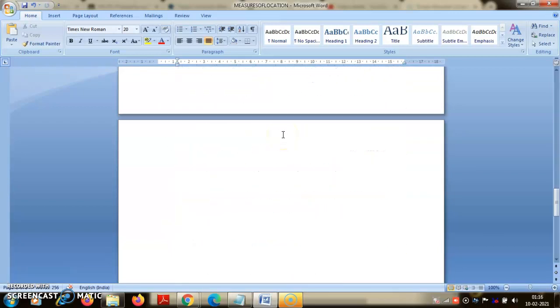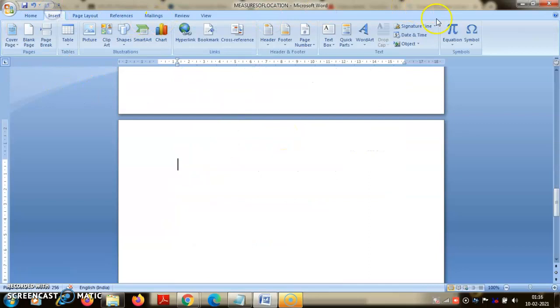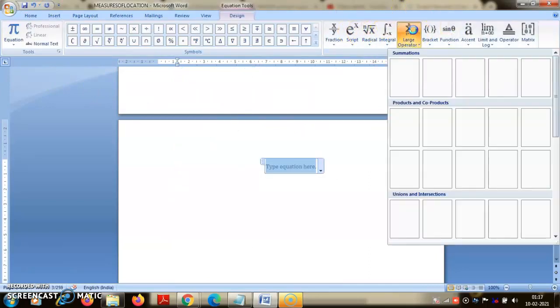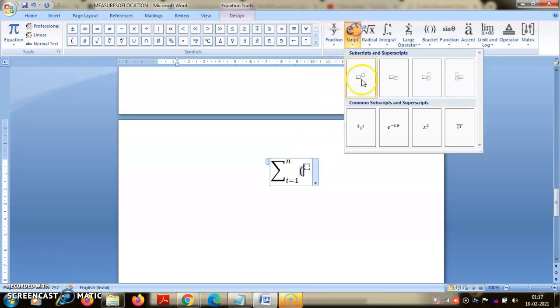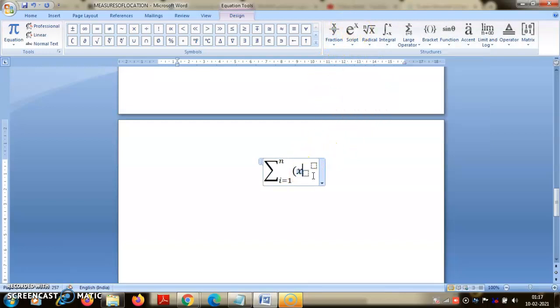That is, if I look at the sum over i equal to 1 to n of (xi minus a) whole square, I have a set of numbers x1, x2, up to xn.